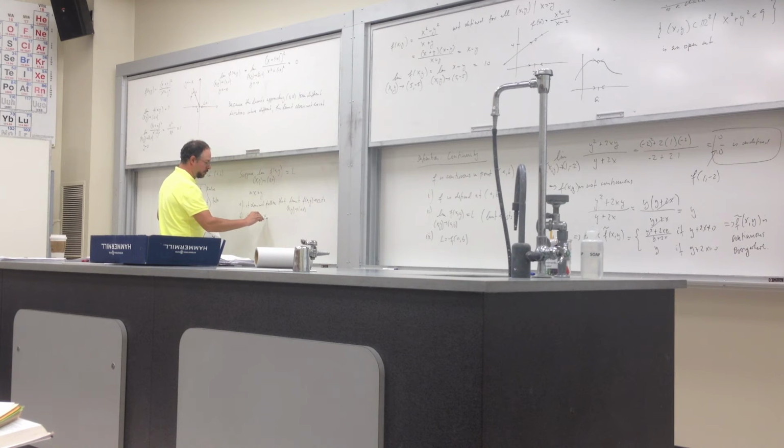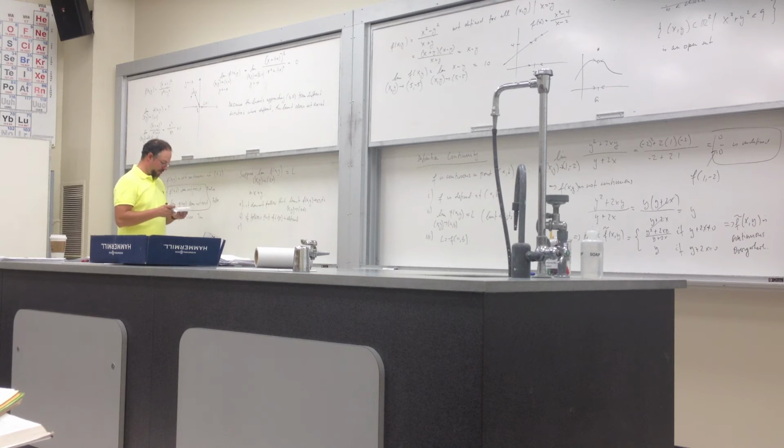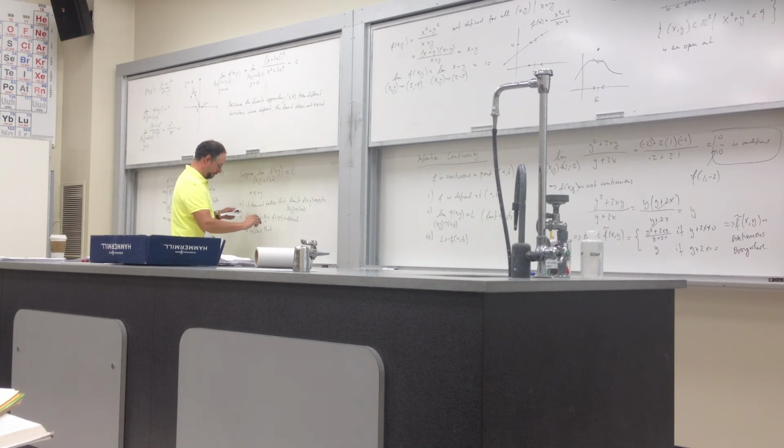What's the question? That f of 0, 0 is defined, and C follows that the limit as x, y goes to 0, 0 of f of x and y exists.